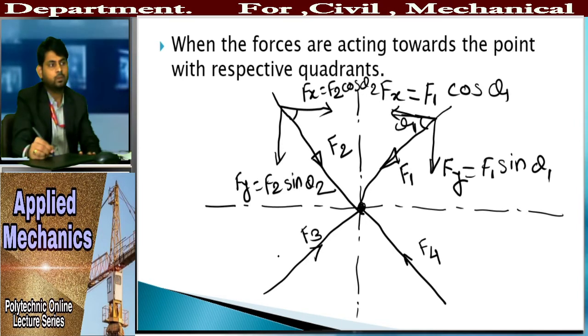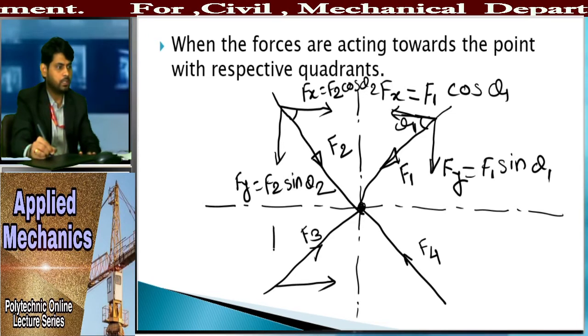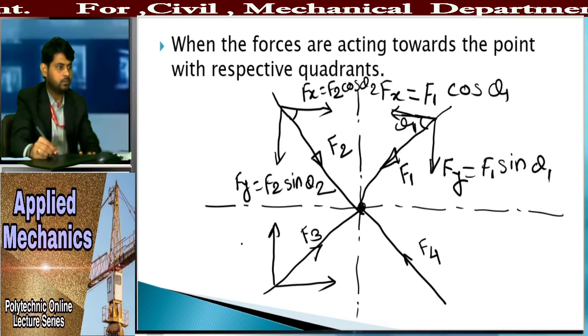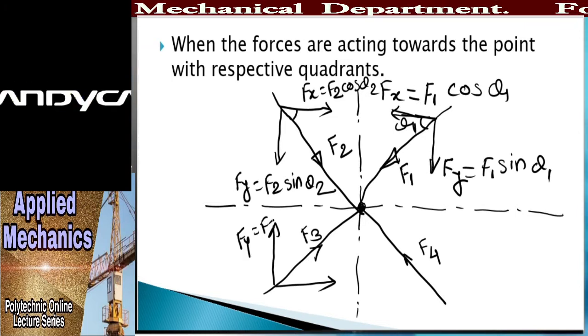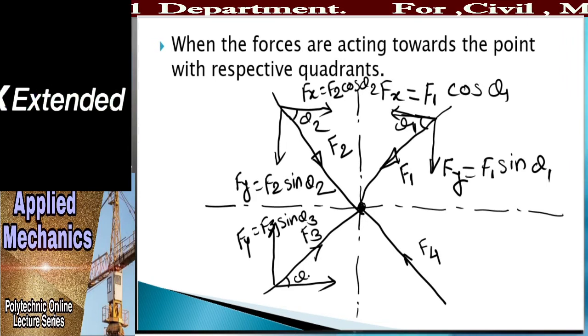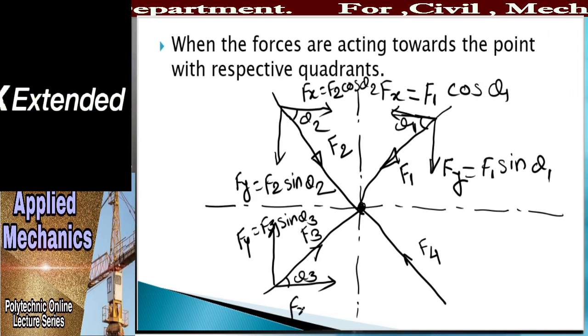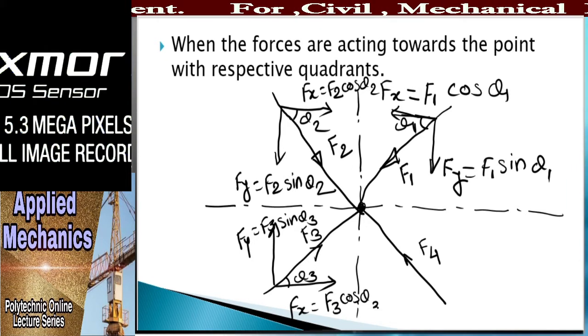So similarly resolve this force also horizontally and vertically. So here Fy is equal to F3 sin theta 3. Here is theta 2, here is theta 3, and this Fx is equal to F3 cos theta 3.